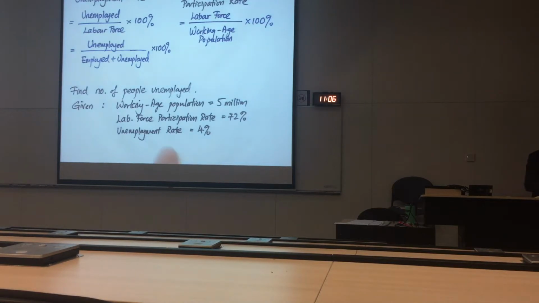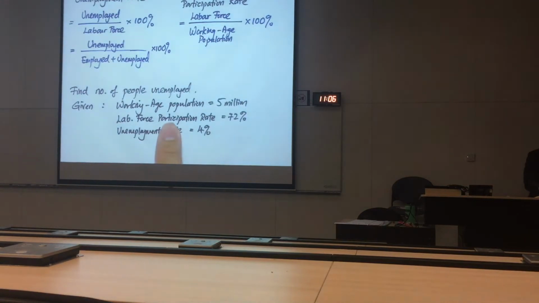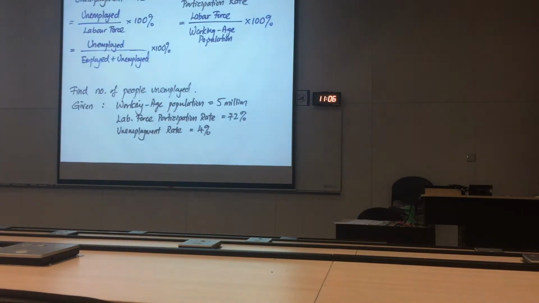We have got working age population, which is the denominator figure here. You have the labor force participation rate, which is the left-hand side of this equation. So in other words, given the 5 million and your 72%, you should be able to first solve for the labor force.